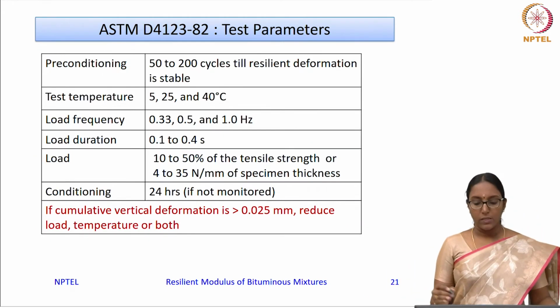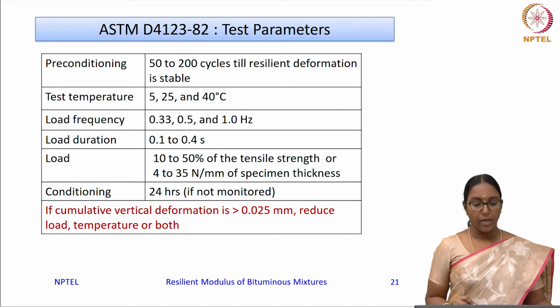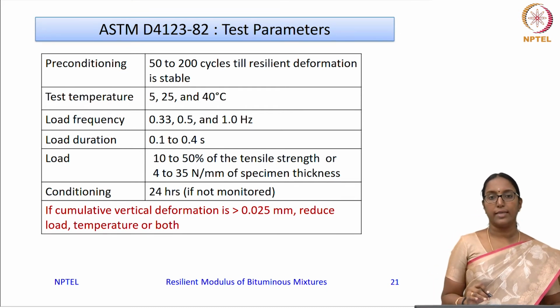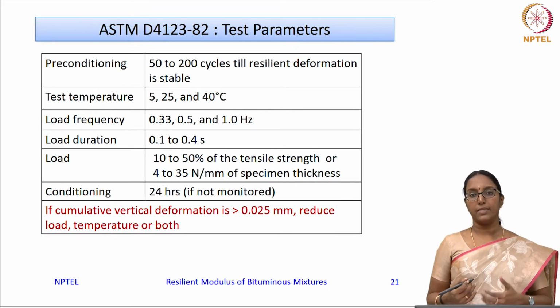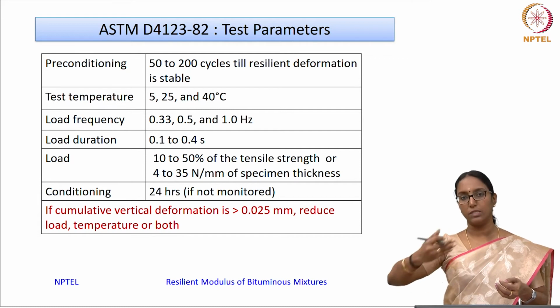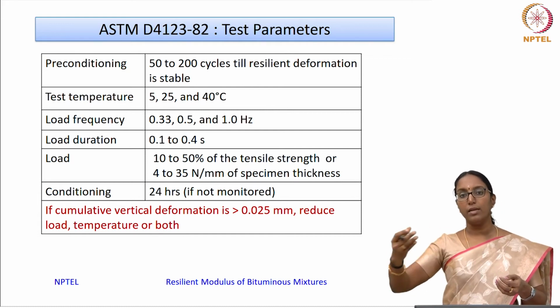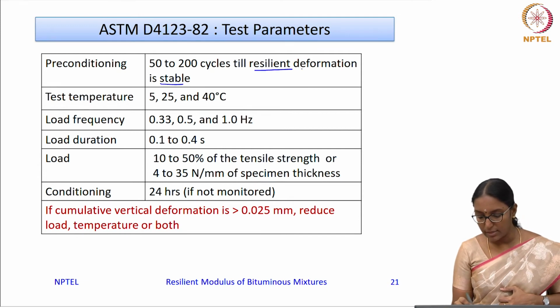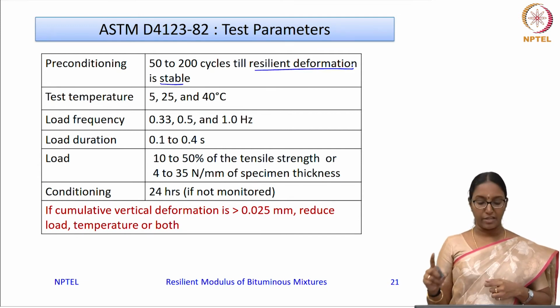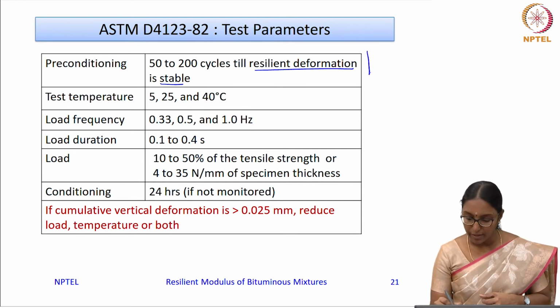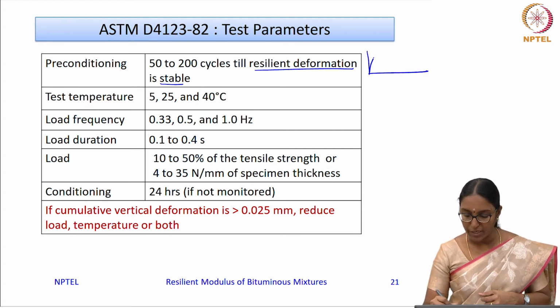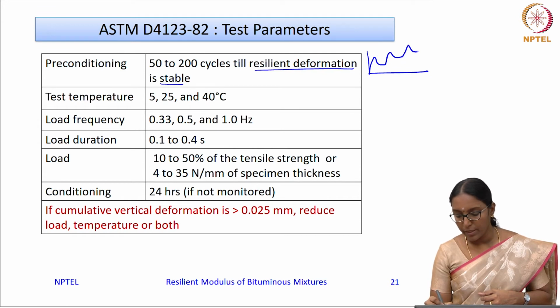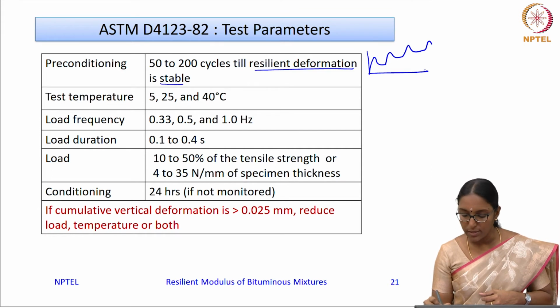Now, the test parameters are like this. You have to apply preconditioned cycle. Essentially, our idea is that you do a repeated load on the specimen so that your strain reaches a stable state, or it is mentioned here that the resilient deformation is stable. So, if I plot the deformation, you can see that this goes like this, and eventually a state will be reached when this reaches a stable state.